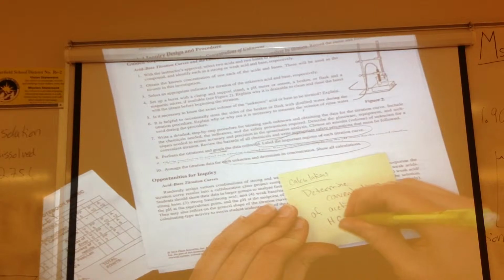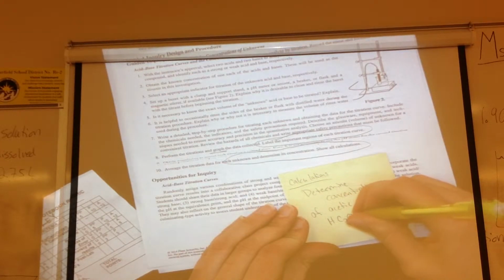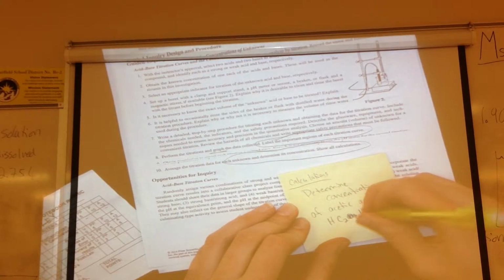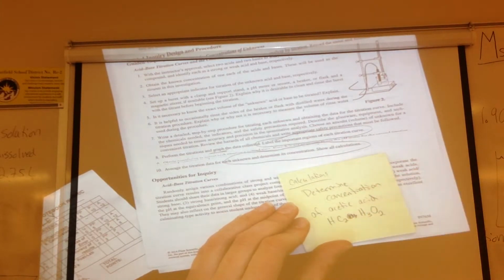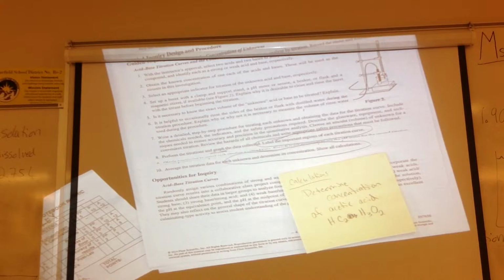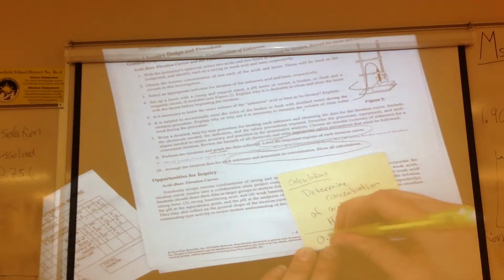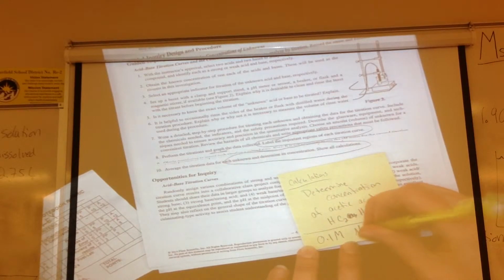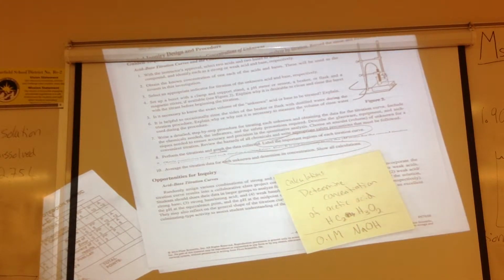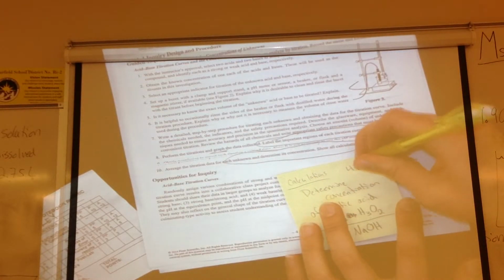Acetic acid is HC2H3O2. That's acetic acid. We were working with 0.1 molar NaOH. You will need that as well in order to do that. For calculations, I'm going to take that as 4 points.